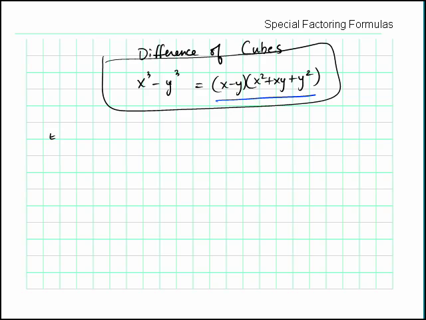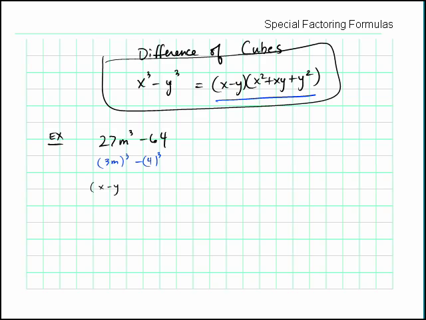Let's do an example of using this pattern. 27m cubed minus 64. This is 3m quantity cubed minus 4 cubed. So it fits the difference of cubes pattern.